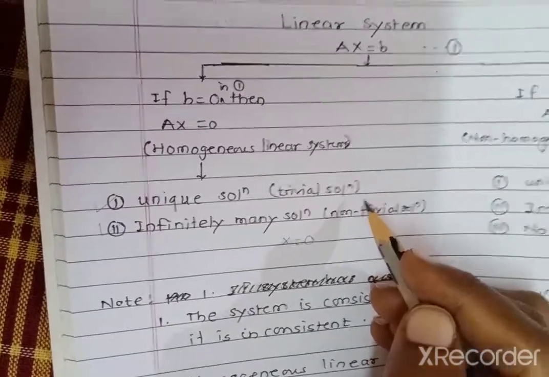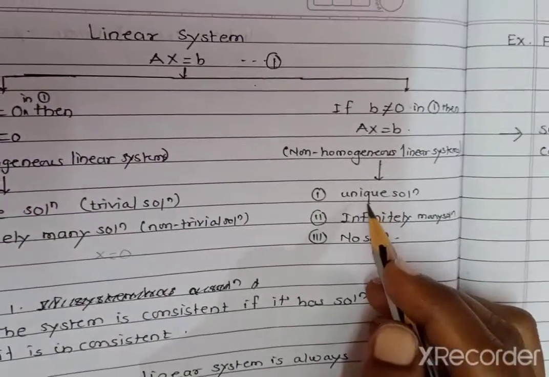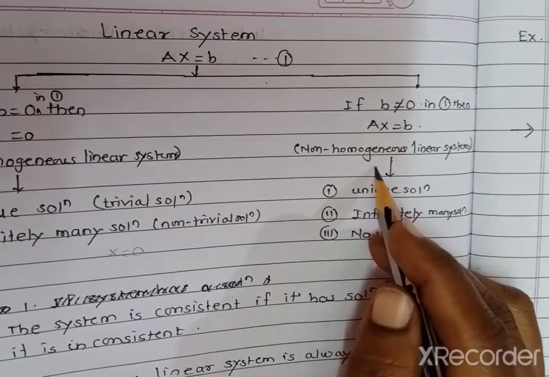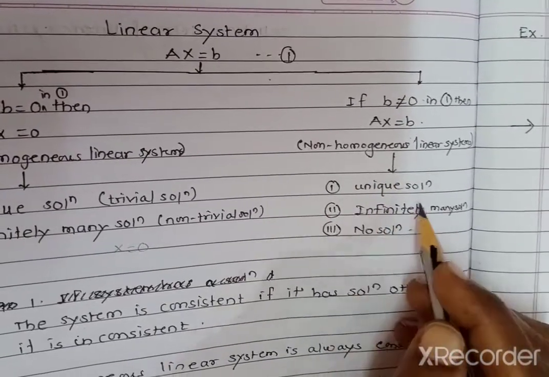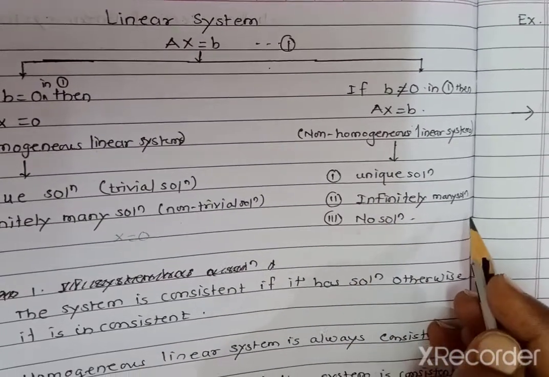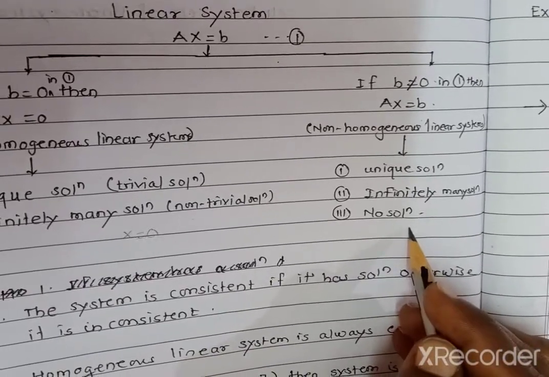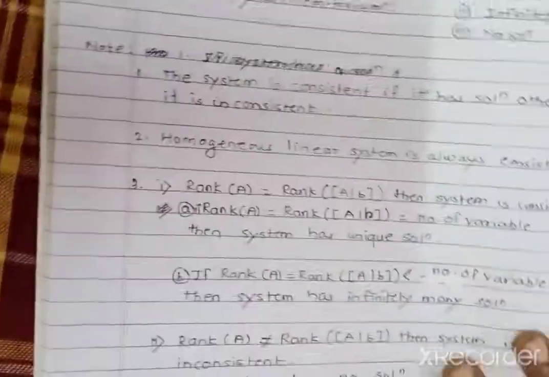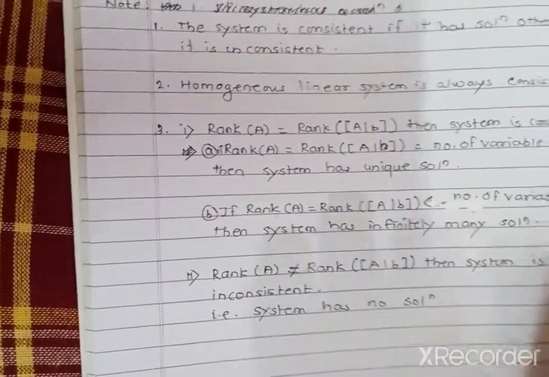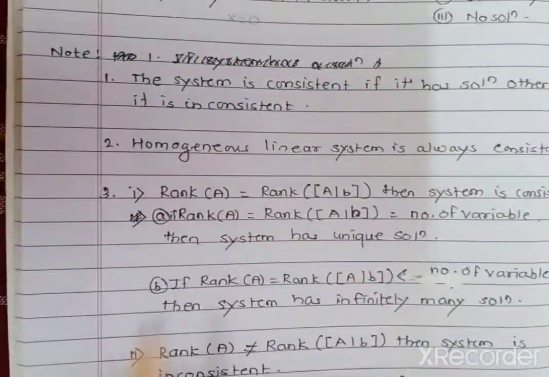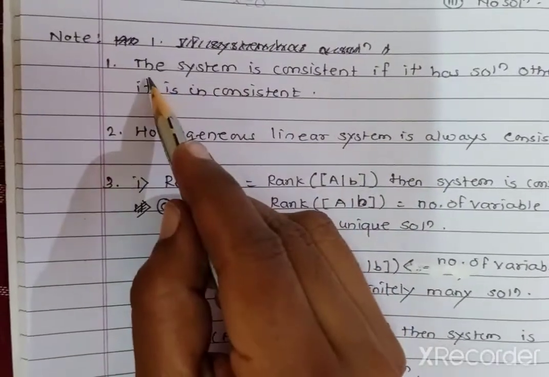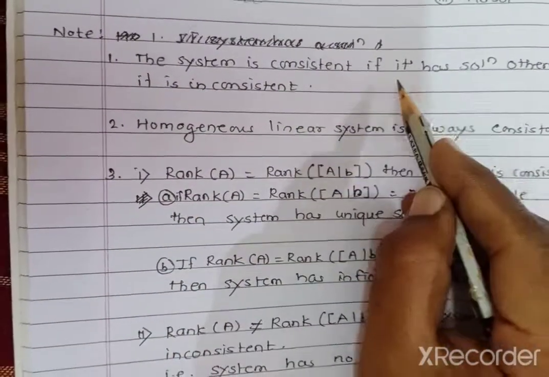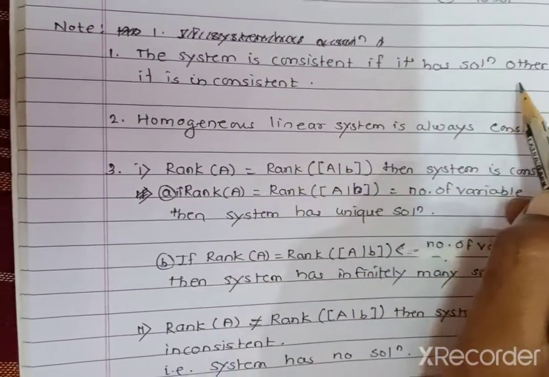Okay, the next one is the possibilities related to the solution of the non-homogeneous system: it has a unique solution, infinitely many solutions, or no solution. So here we discuss some notes. First note: the system is consistent if it has a solution.